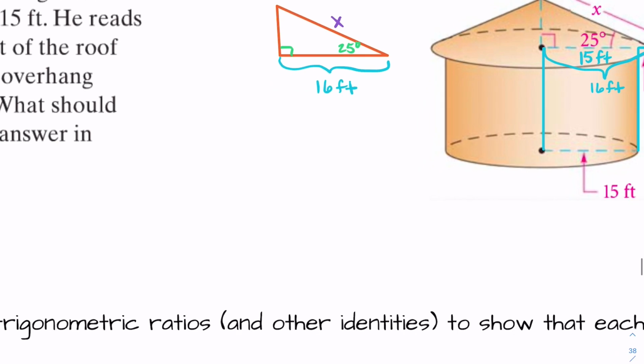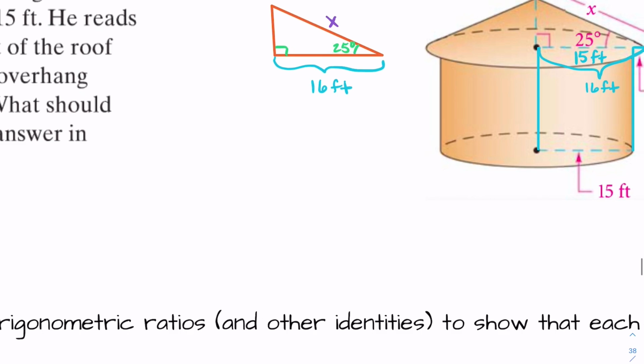So I'm going to set this up as, I'm going to say the sine, oh, not sine, hold on. It looks like it's the adjacent and the hypotenuse. The opposite is way over here, so we're not doing the opposite.